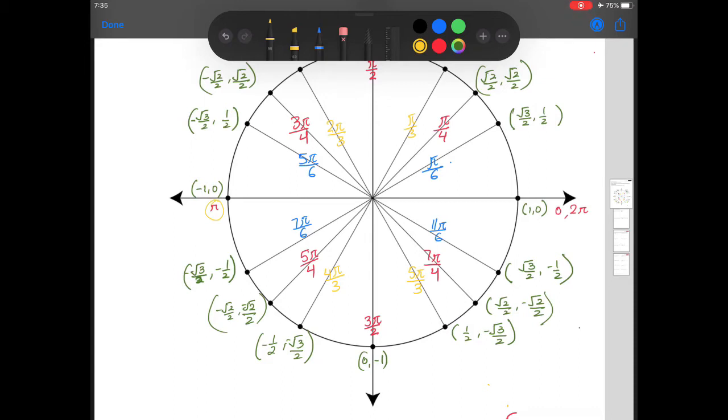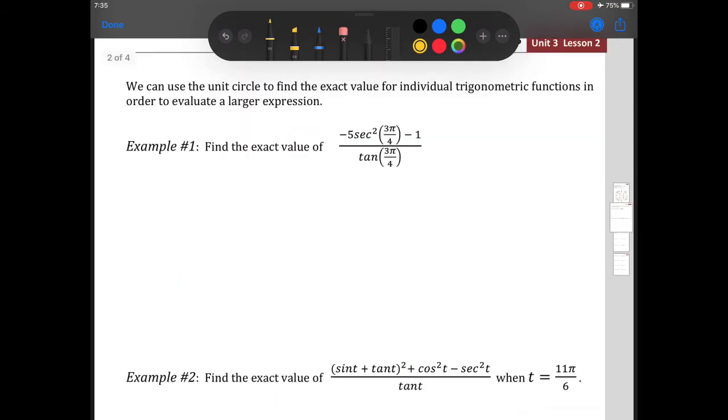Your 2 pi, right? So this is how I remember the angles, and we're going to be working with angles and radians. So let's get started with our example 1.